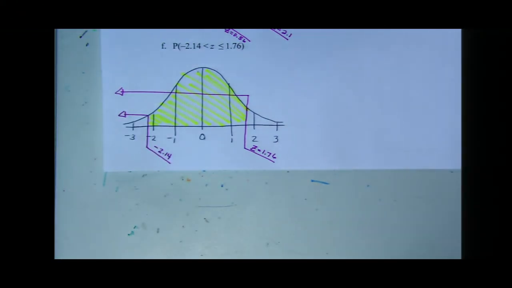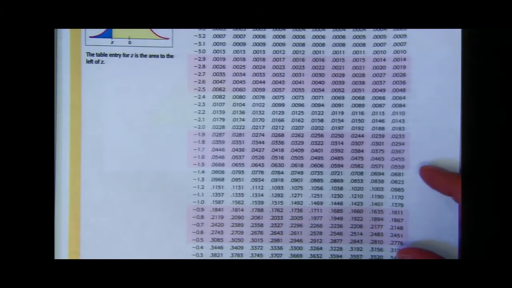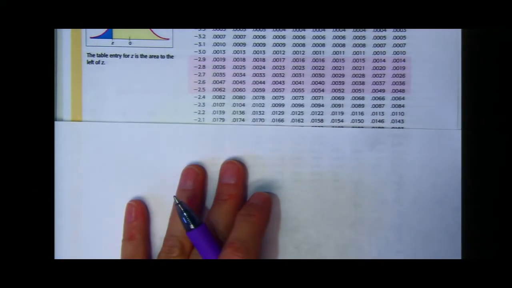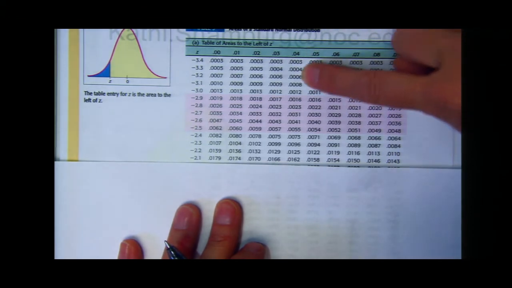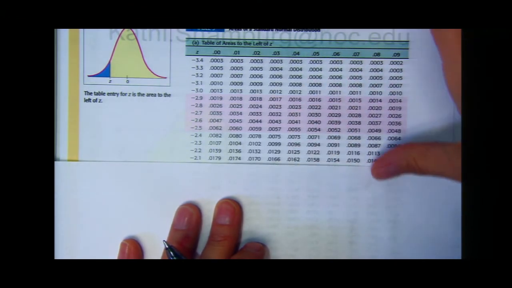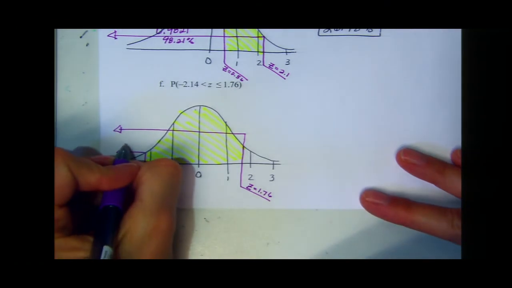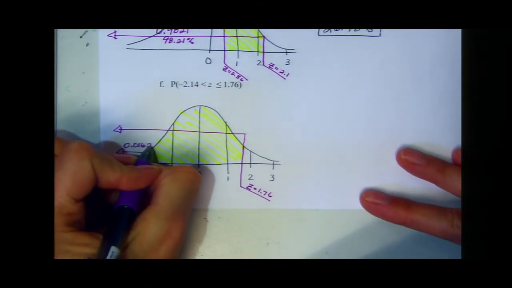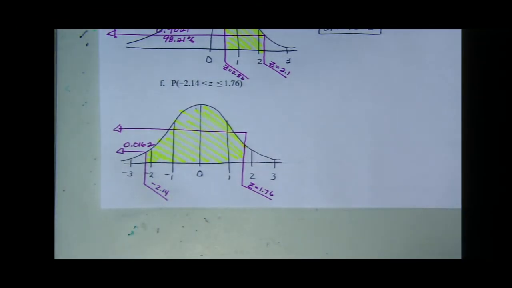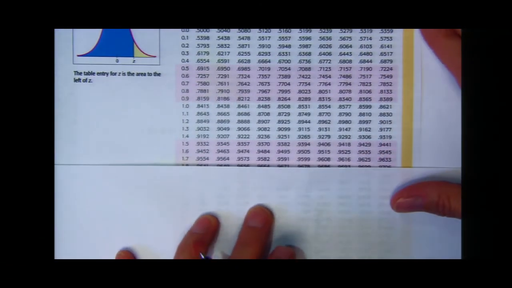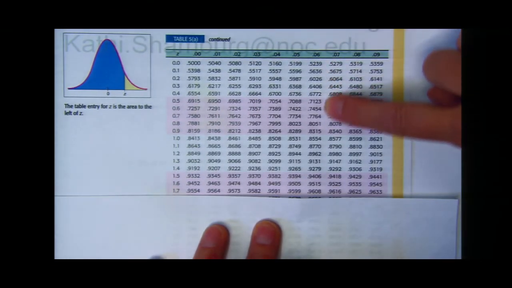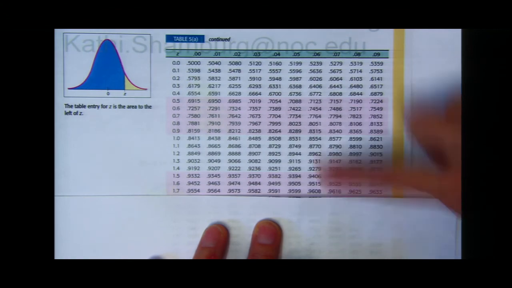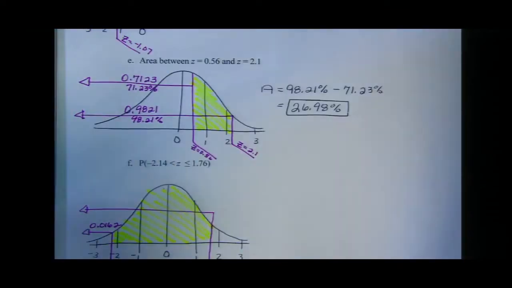Let's see, negative 2.14, negative 2.1, 4, 0.0162, and then I have 1.7, 1.76, 0.9608.